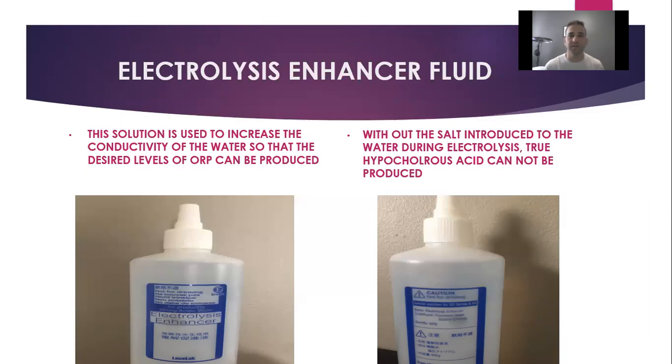When salt is dissolved in water, it dissociates. It is a hydrophilic substance. It likes water. So sodium chloride, salt, is Na plus and Cl negative. When you introduce NaCl to water, it dissociates, and you get Na plus and Cl negative.